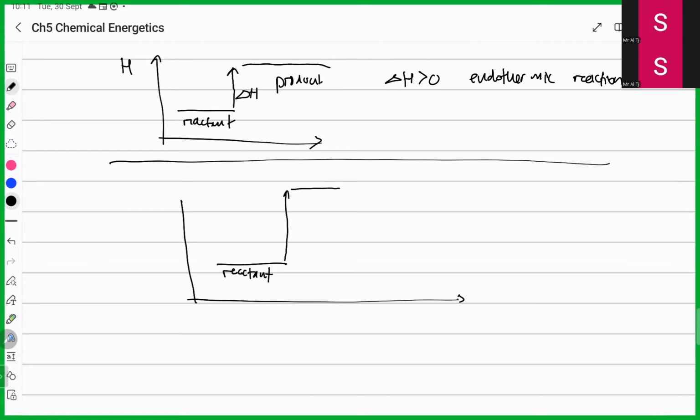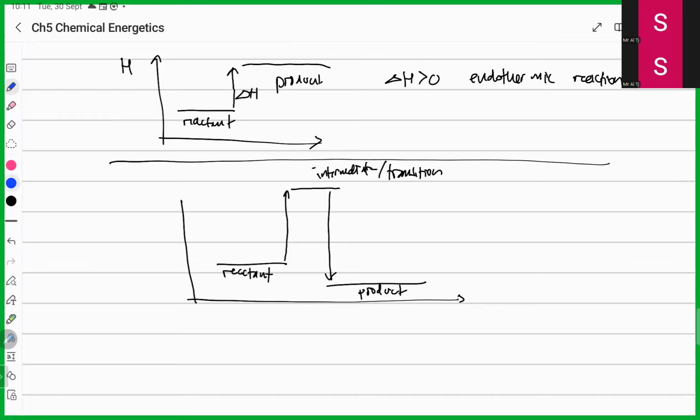And after that, we can be either going down, lower than the reactant, or going higher than the reactant. So we're going to have 2 parts, up and down. This is the intermediate or transition, and this is the product.